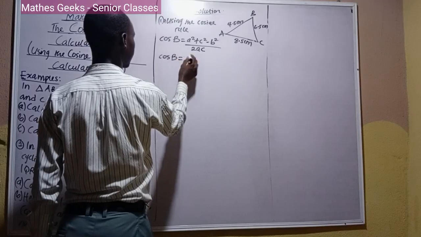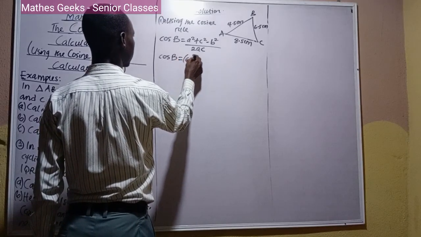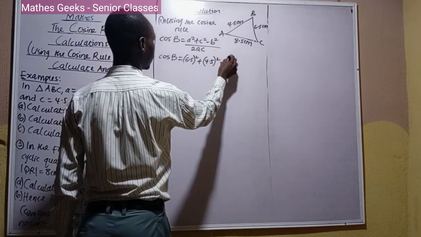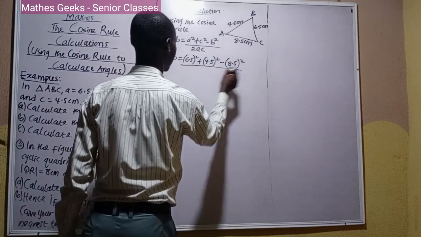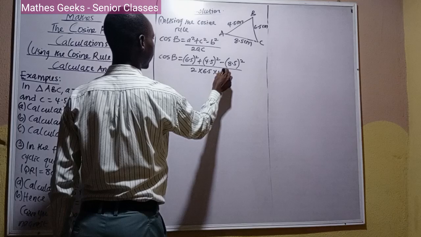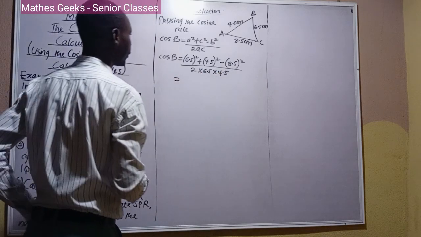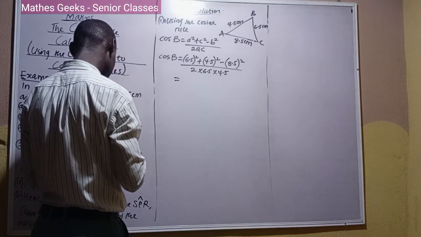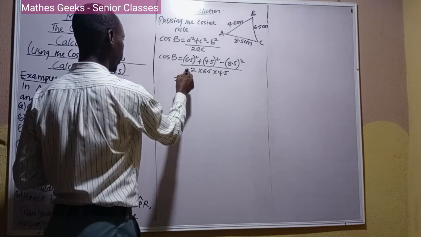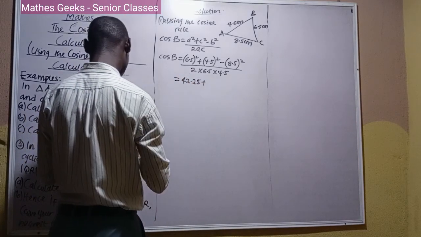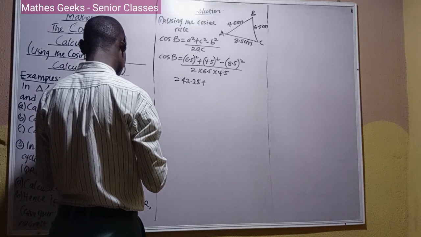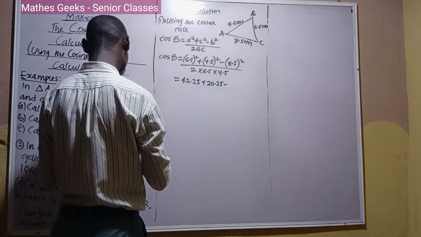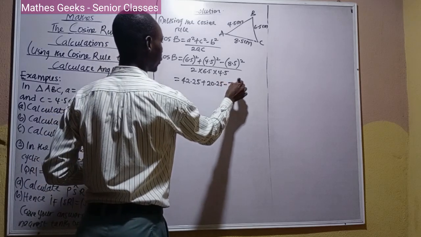So cos B is equal to A is 6.5 squared plus C is 4.5 squared minus 8.5 squared over 2 times 6.5 times 4.5. This will give us 42.25, 20.25, 72.25.